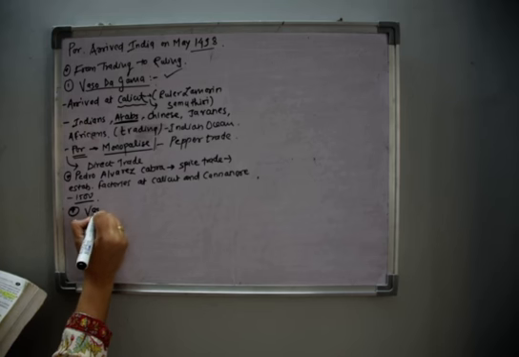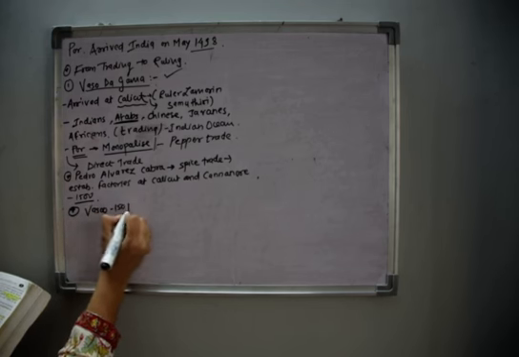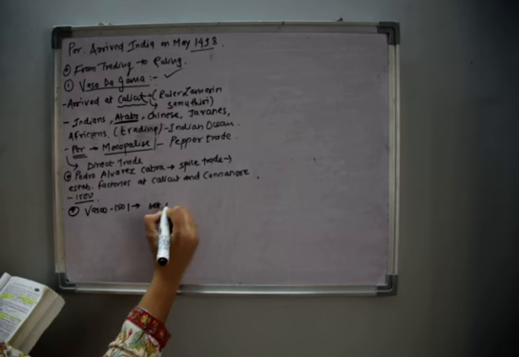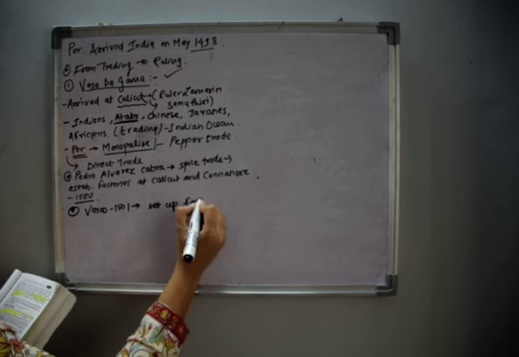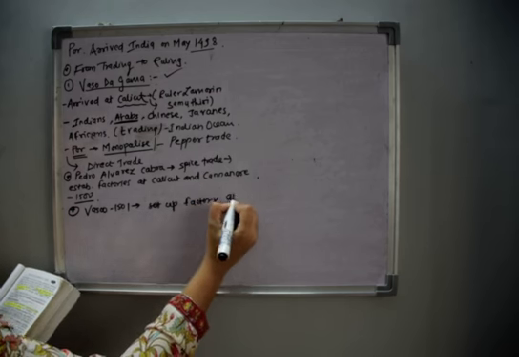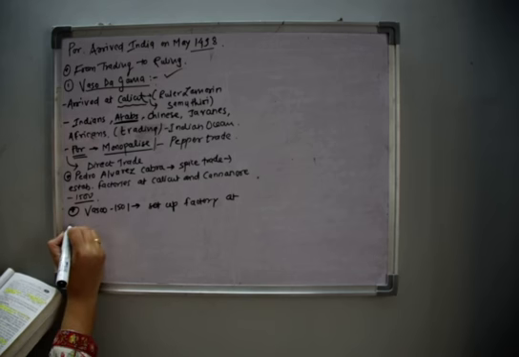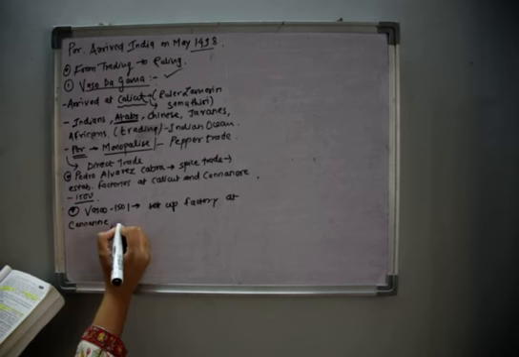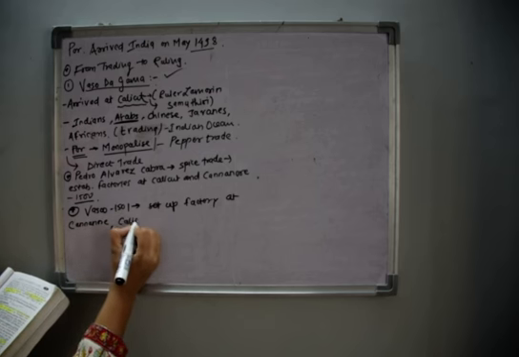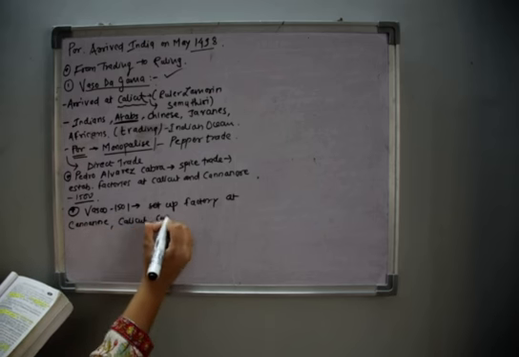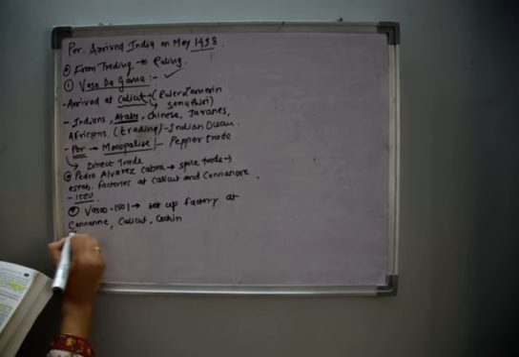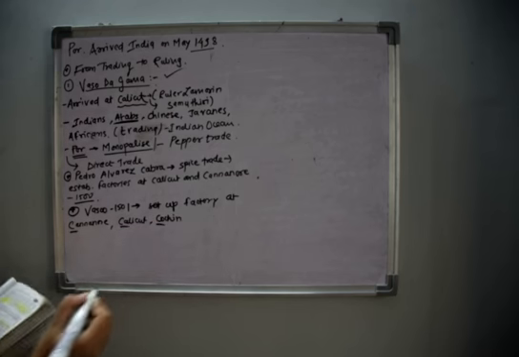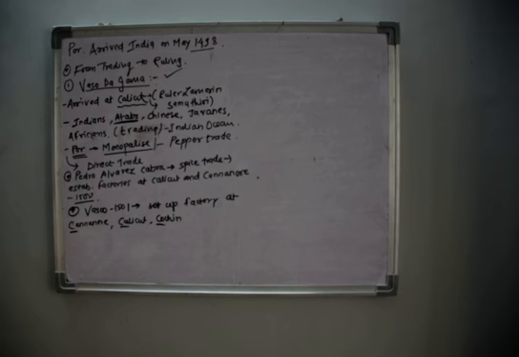Vasco da Gama in 1501 came back again and set up factories at Kannur, Calicut and Cochin. 3C. Okay, just remember 3C. Okay, only this much is important.